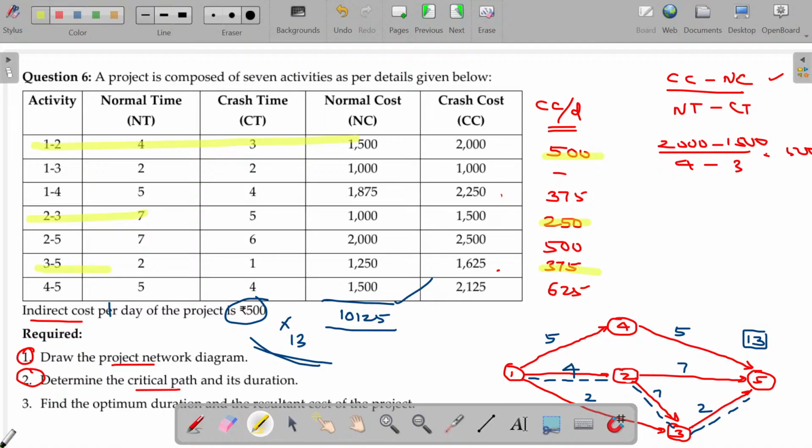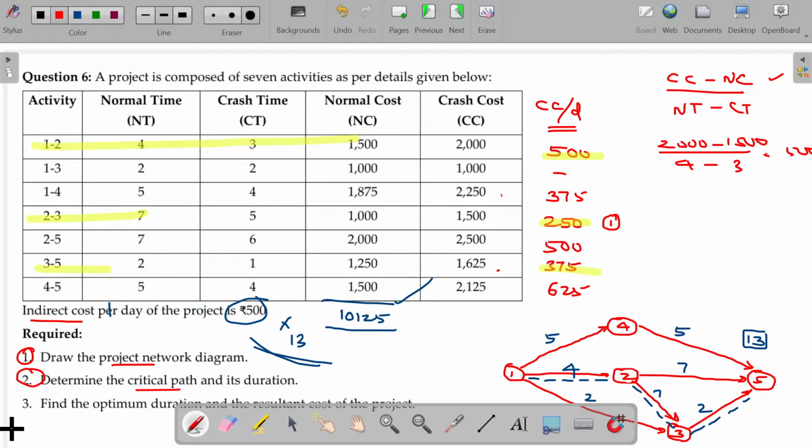Come on, tell me, which do you want to reduce? You have to reduce the days, yet the cost should be cheapest. Then I choose this one. 1 day I am going to reduce here.